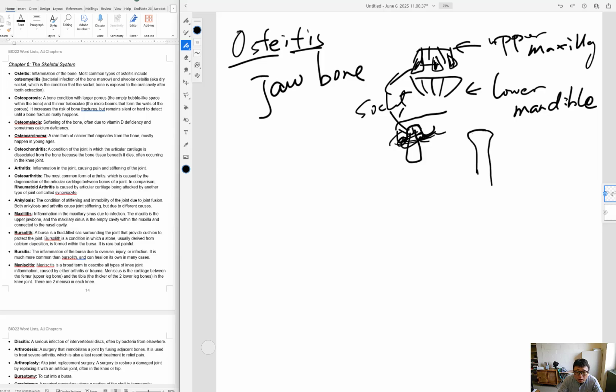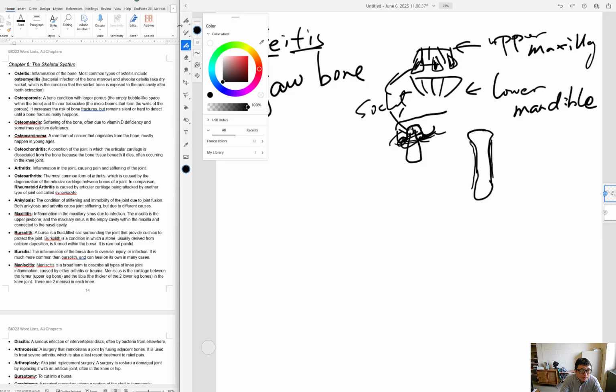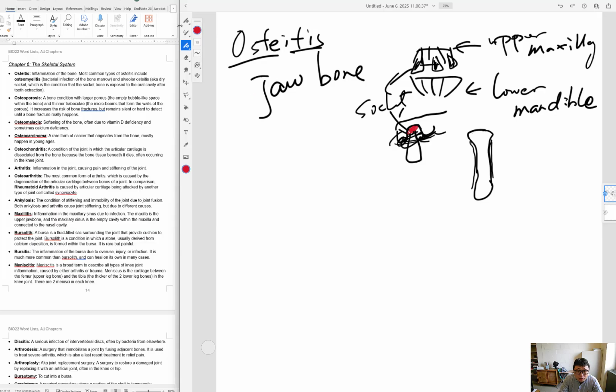I mentioned this: all the bones are covered by a membrane, the periosteum here. If there's no membrane covering the bone, it will feel very painful. After you extract the tooth, normally the blood clot will form here, which serves partially as the membrane to protect the bone.